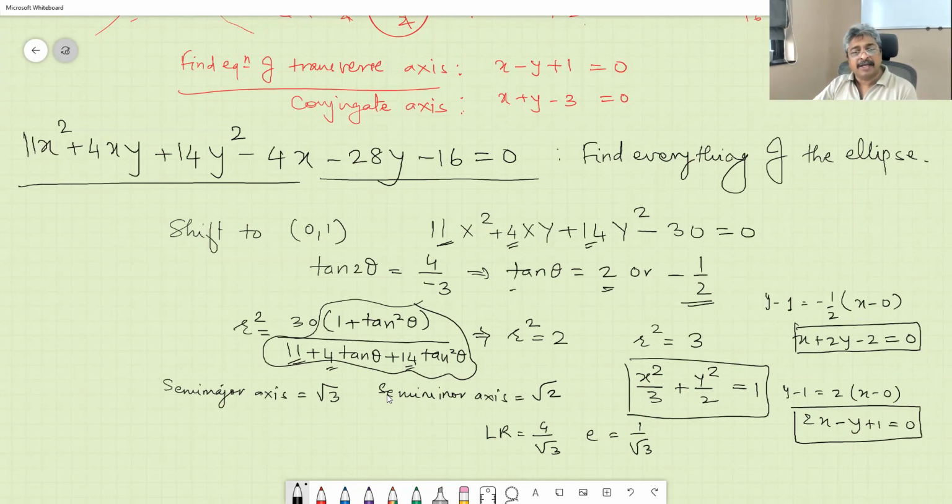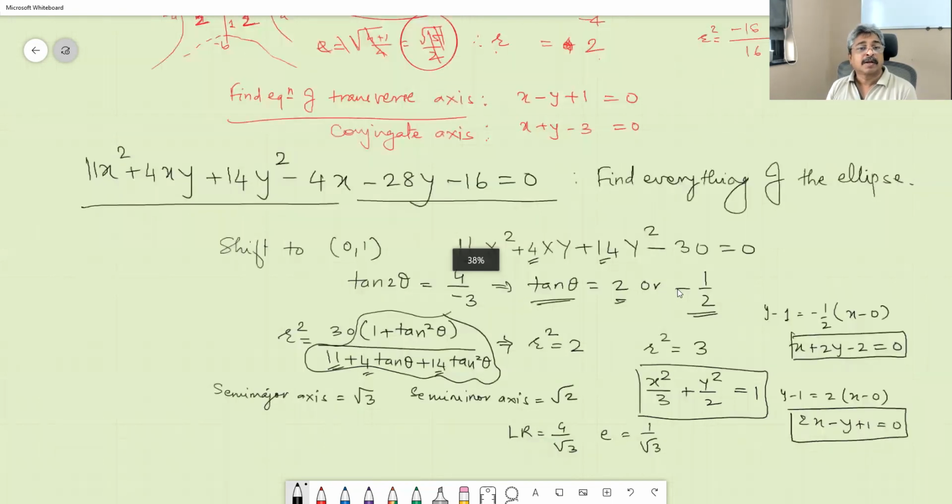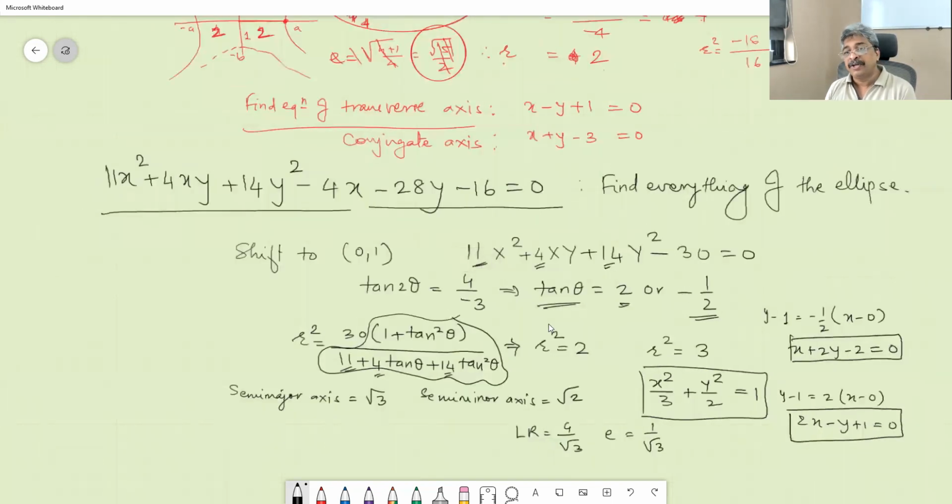That is already taken care in this tan theta. We are doing it by dividing by cos square theta, so we are taking care of that, and maybe this is little quick. So you need to spend good time on these examples, maybe create a couple more examples in general form and solve them. That is how you should finish your study of two-dimensional geometry.